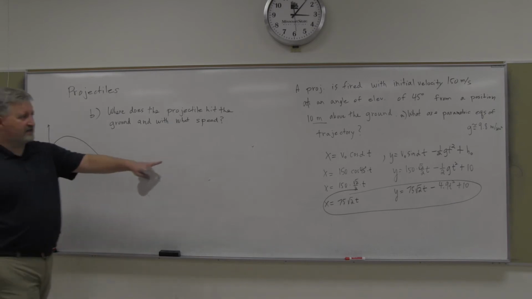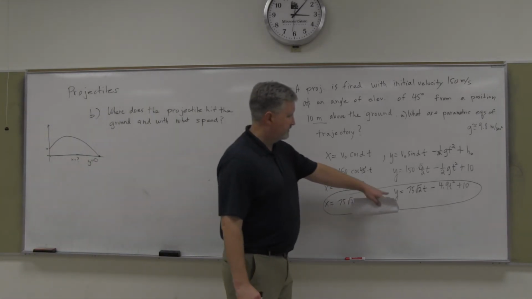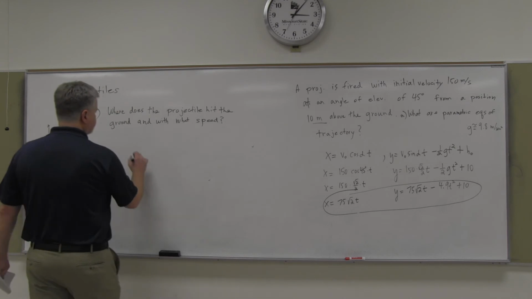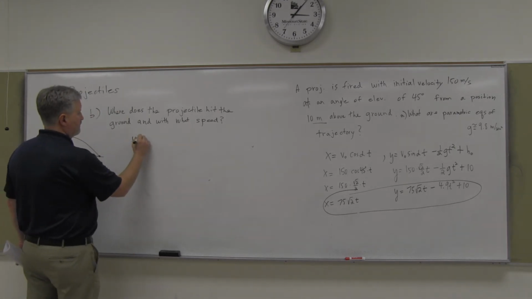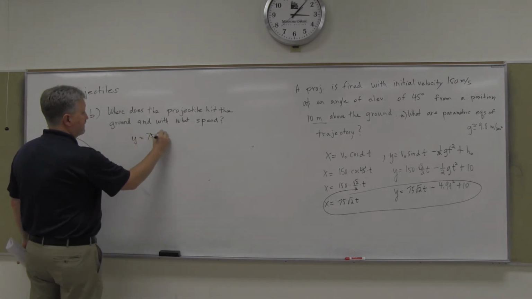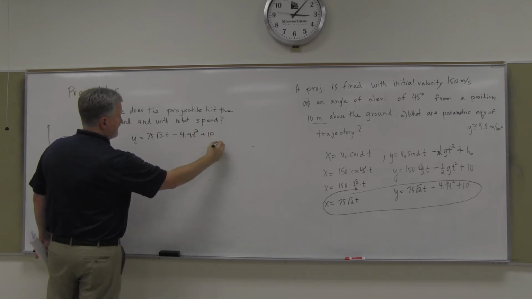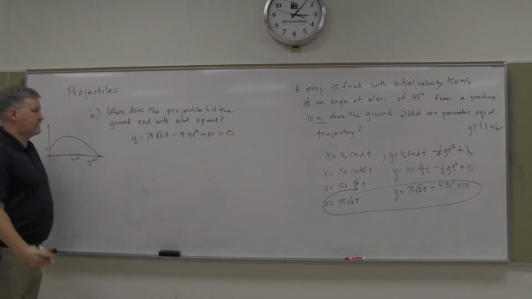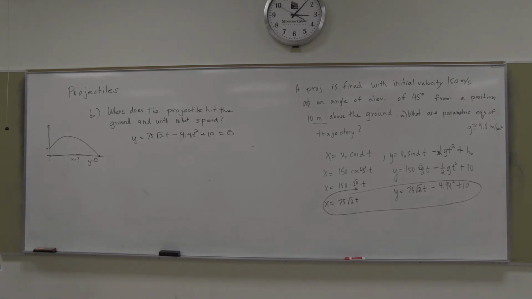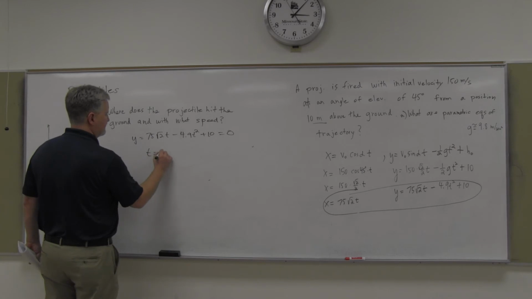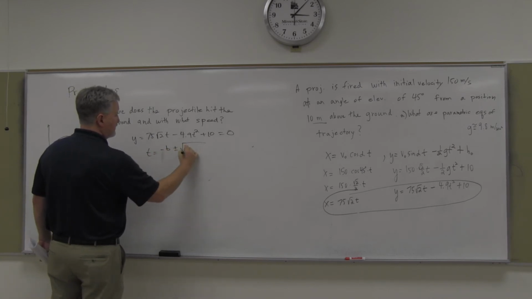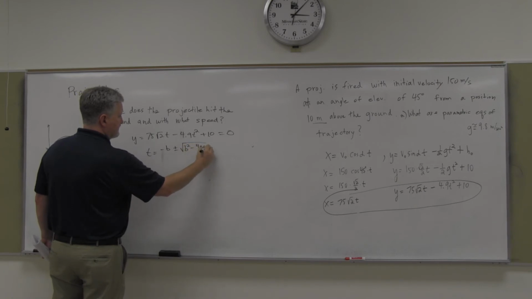If the y is 0, here's what I've got. y is 75 square root of 2t minus 4.9 t squared plus 10, and I want that to equal 0. Well, it's just a little bit of a quadratic formula problem: negative b plus or minus square root of b squared minus 4ac, all over 2a.